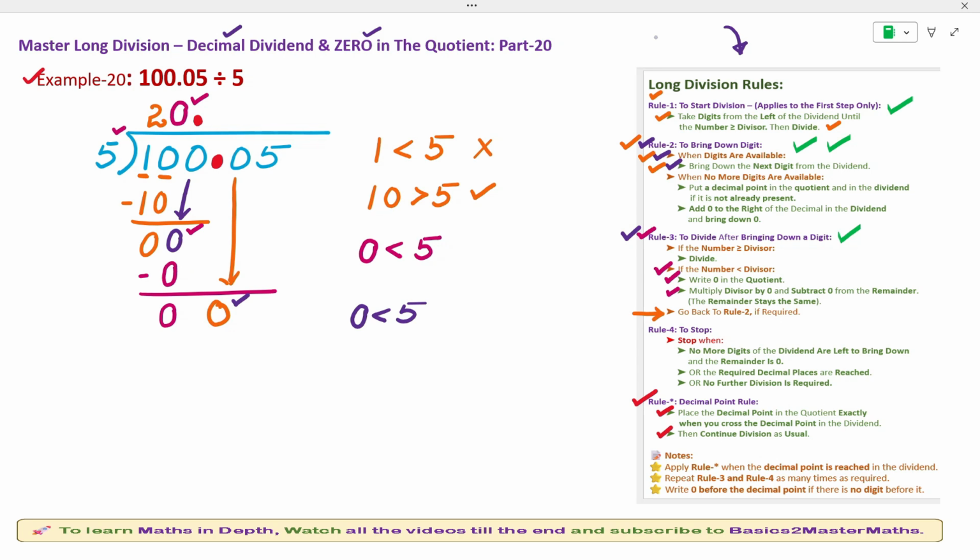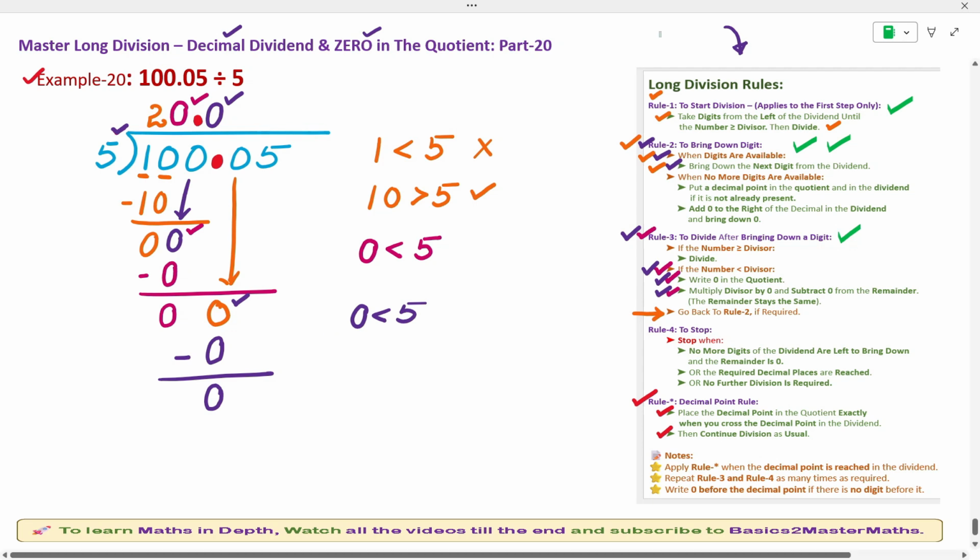According to rule 3, if the number is less than the divisor, write 0 in the quotient, then multiply divisor by 0 and subtract 0 from the remainder. 5 zeros are 0. So, you will get 0 as the remainder again. Now, rule 3 is complete for the second time.